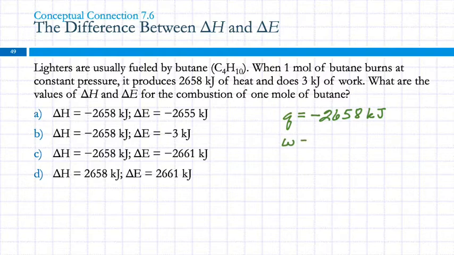So the work is 3 kilojoules. This is work that it's doing, not that it's having done for it, right? So me doing work is a bummer. It's negative, right? So this is also negative. Delta H and delta E.